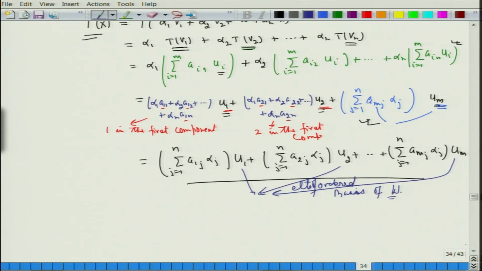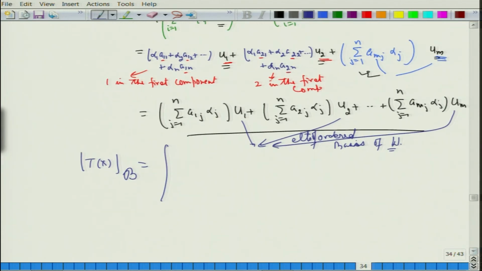Since they are the ordered basis, T of x with respect to the ordered basis B will look like, all right, summation j equal to 1 to n A1j alpha j. The first element for U1 is this, U2 will give me this part, summation j equal to 1 to n A2j alpha j, and the last one will be summation j equal to 1 to n Amj alpha j.